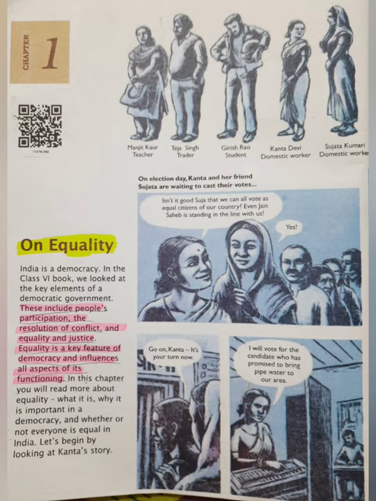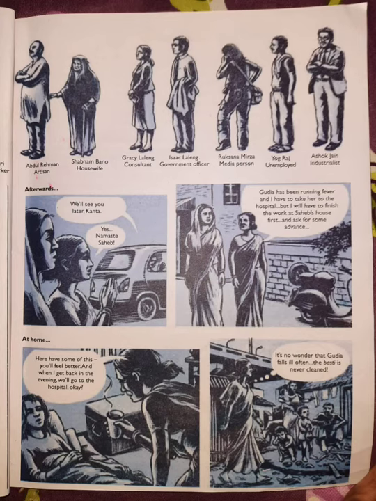On election day, Kanta and her friend Sujata are waiting to cast their votes. Isn't it good, Suja, that we can all vote as equal citizens of our country? Even Jain Sahib is standing in the line with us. Yes. Go on, Kanta. It's your turn now. I will vote for the candidate who has promised to bring pipe water to our area. Afterwards, we will see you later, Kanta. Yes.